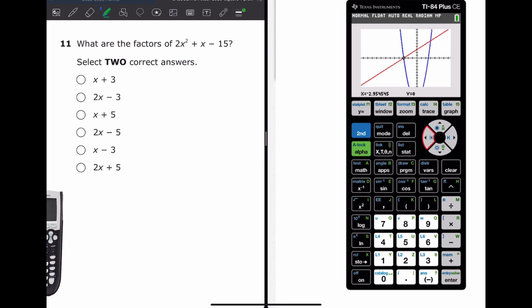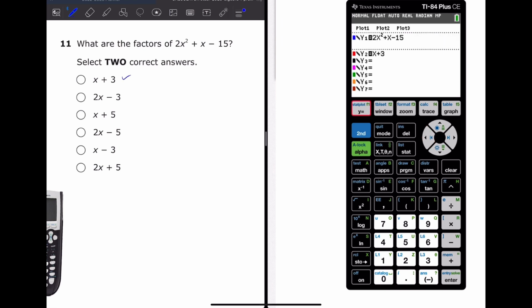I'm checking the X value. On to the next one.